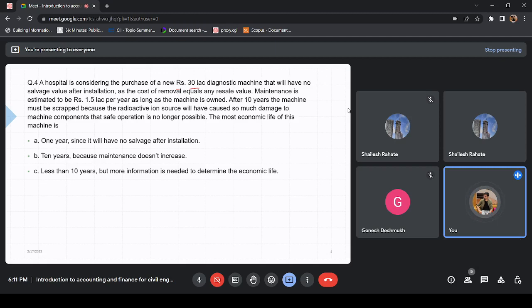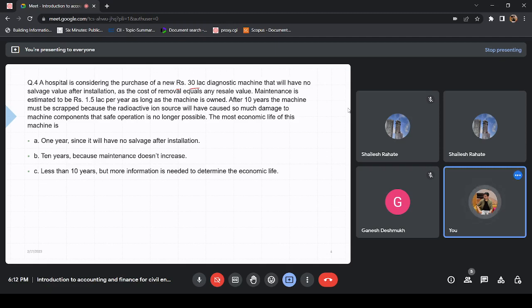Then each year you have been given the operating cost of rupees 1.5 lakh per year. And after 10 years, you have to discard the machine. So that makes your useful life 10 years. Now the question is, what is the most economic life of this machine?